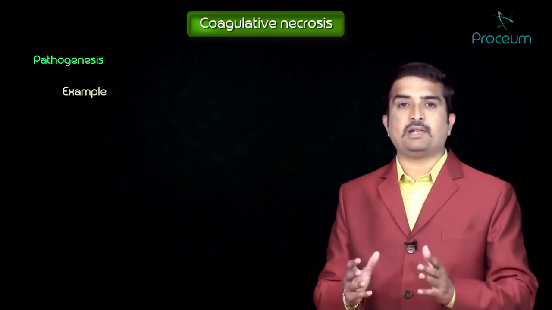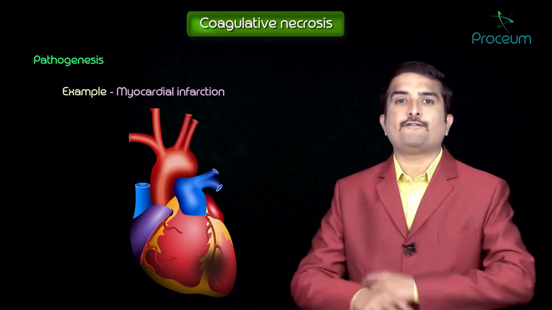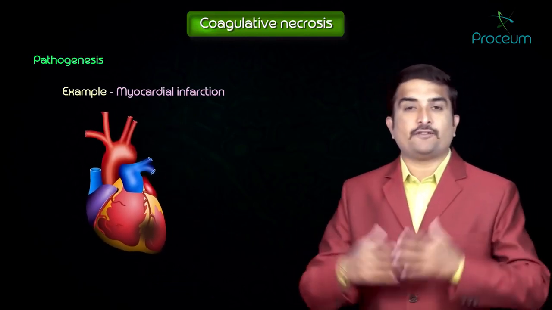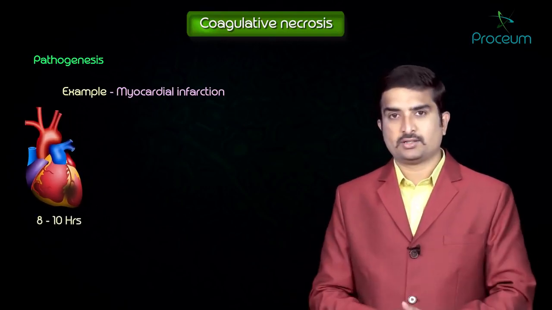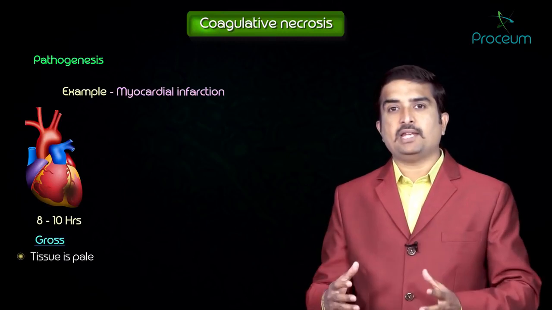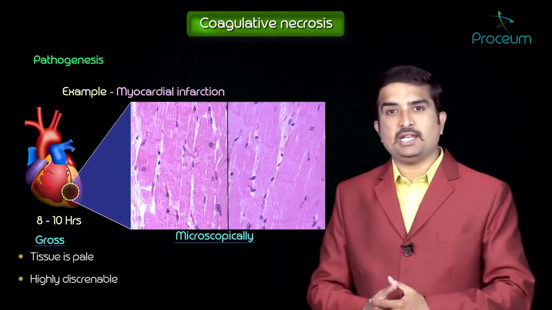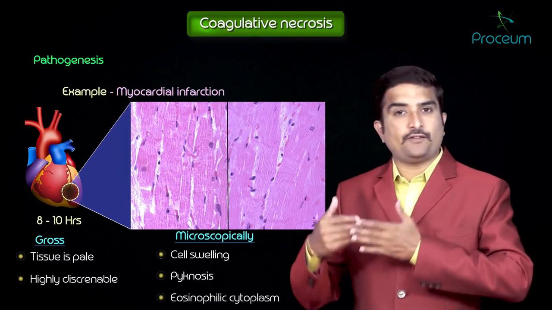The best example of coagulative necrosis is myocardial infarction, where the infarct changes with time. In the initial event of infarction, that is 8 to 10 hours, the tissue is pale and highly discernible, and microscopically there is cellular swelling, pycnosis and eosinophilic cytoplasm.